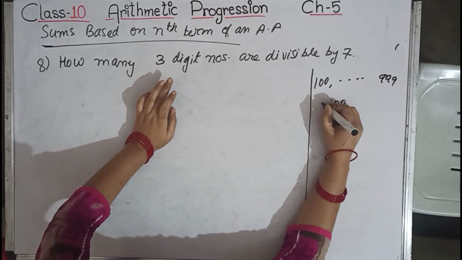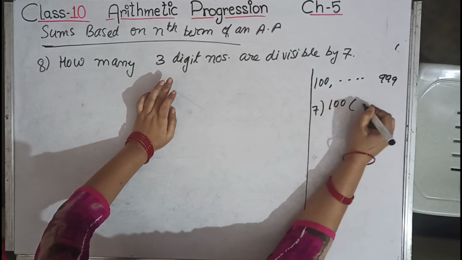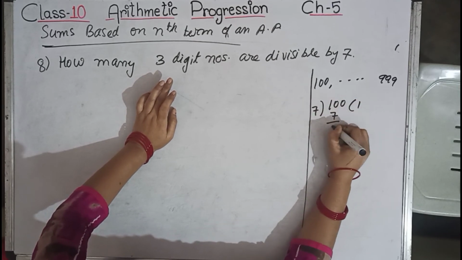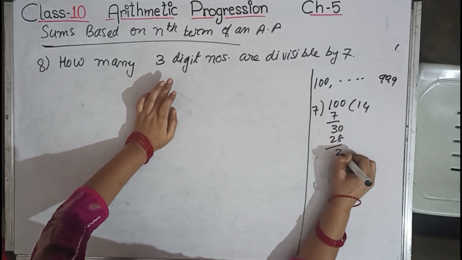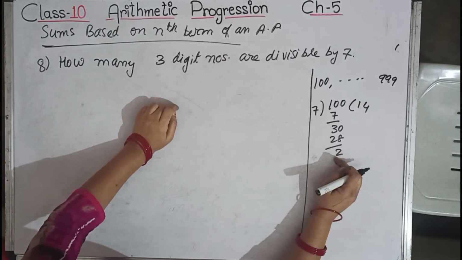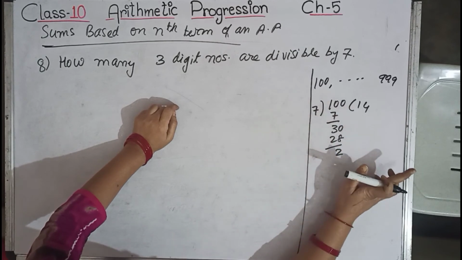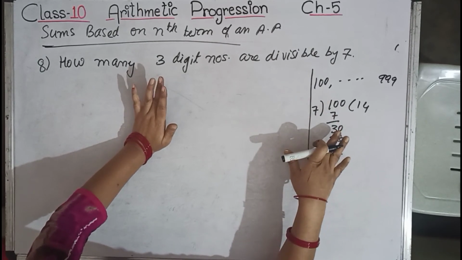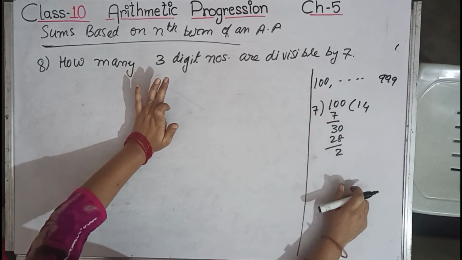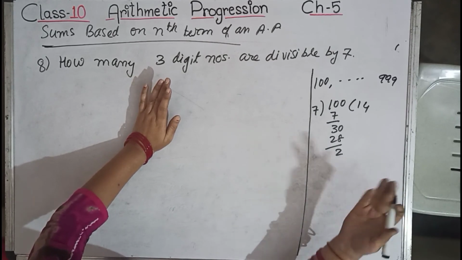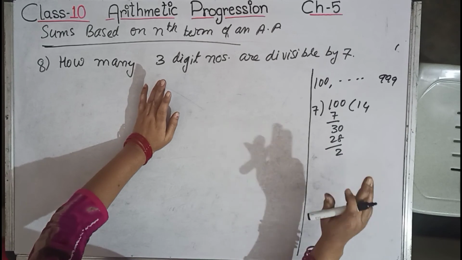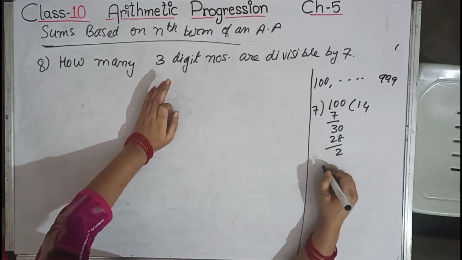So we will divide this 100 by 7. 7 1 is 7, over here 3, 28, left is 2. Now this 2 if I subtract, it will not be a 3-digit number, but if I add something, we will be getting a 3-digit number divisible by 7.